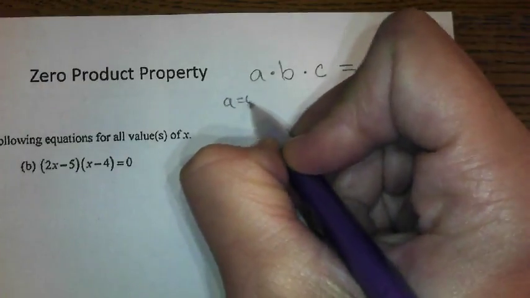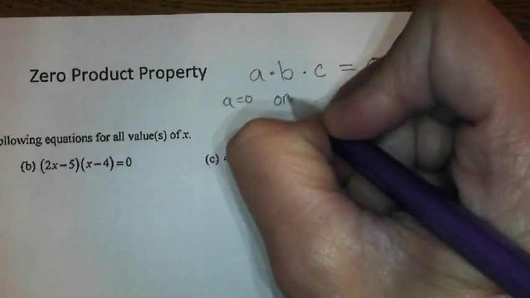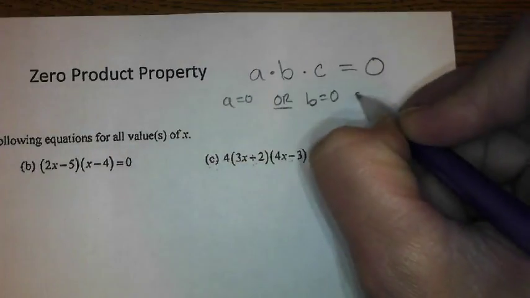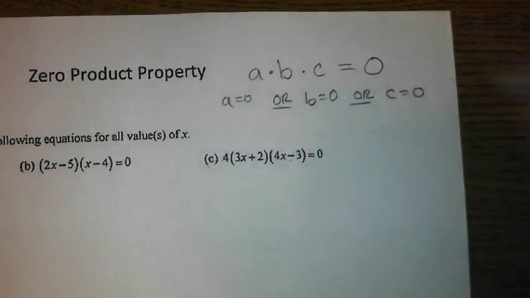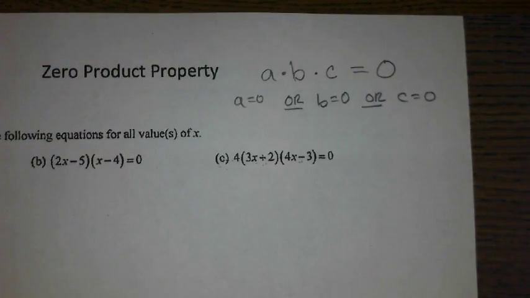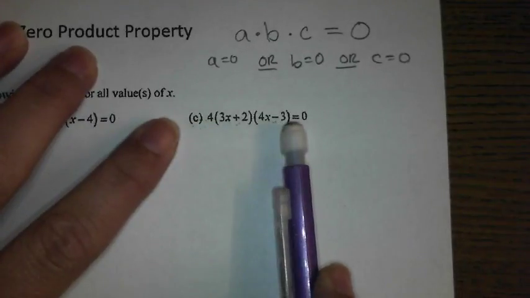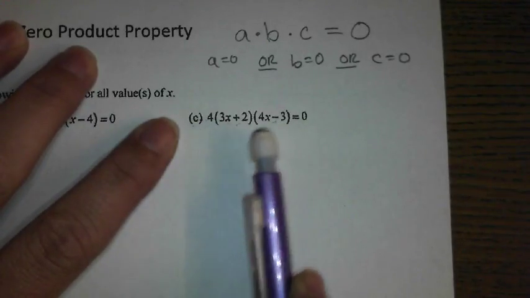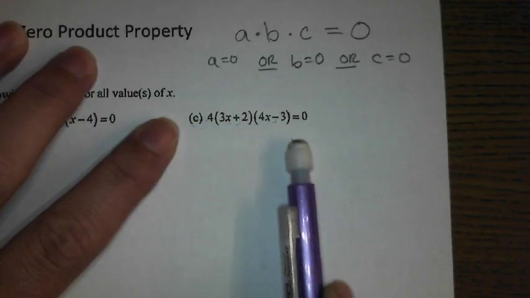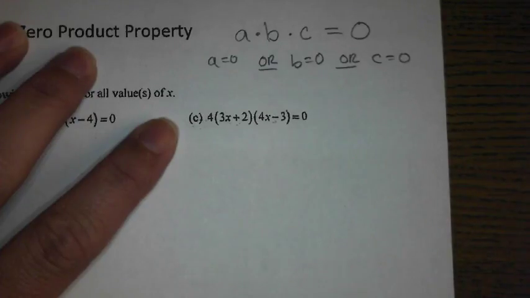Either A equals 0, or B equals 0, or C equals 0. Because of this very strong power of 0 that anything times 0 equals 0. So if we have 3 factors, if any of the 3 of them equals 0, then we get ourselves a solution.